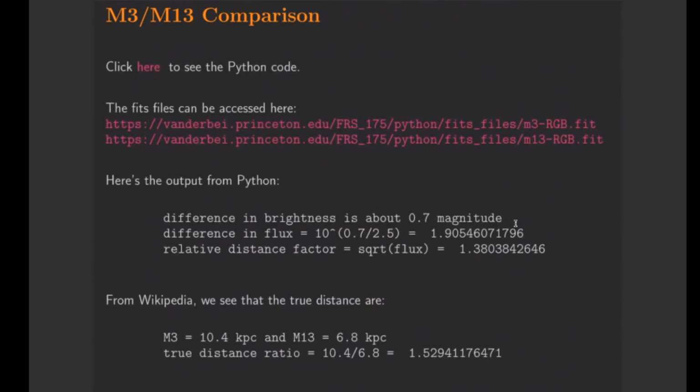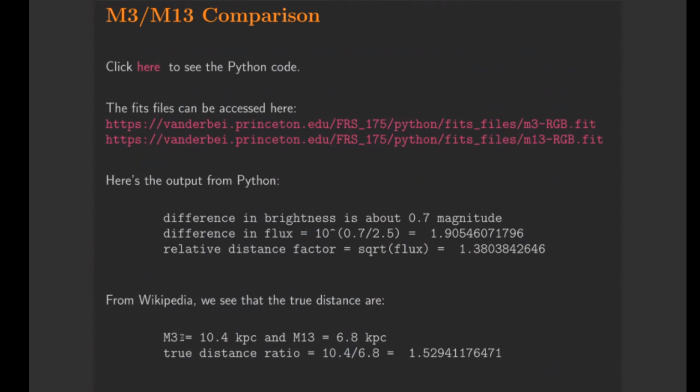Here it is. So my Python code, there's a link to the Python code right here. You can all click on it later. My code estimates the difference in magnitude as 0.7 magnitudes. Converting 0.7 magnitudes into flux gives me this flux. Take the square root of the flux. That's the relative distance factor.